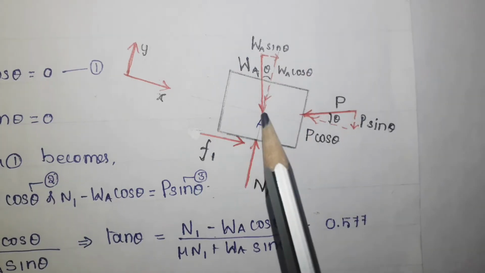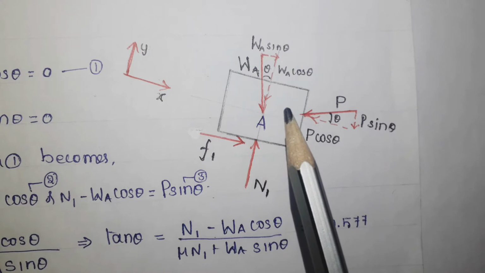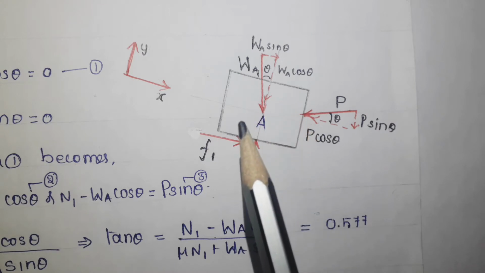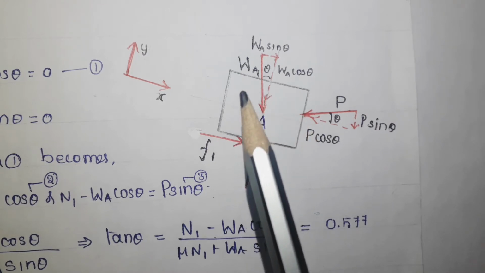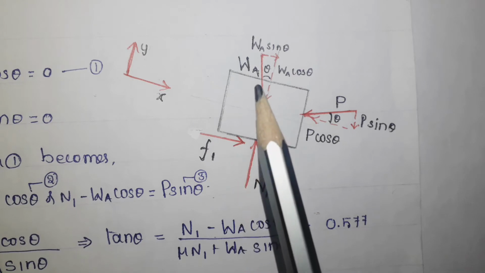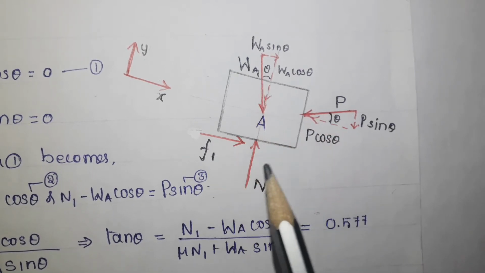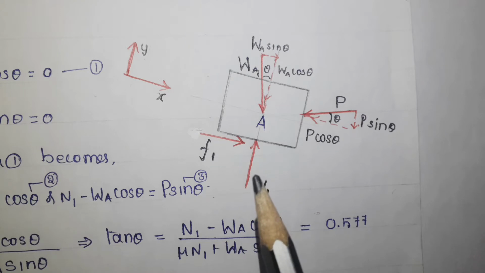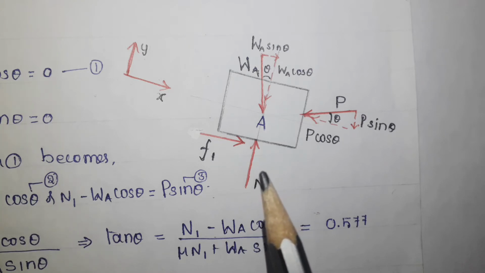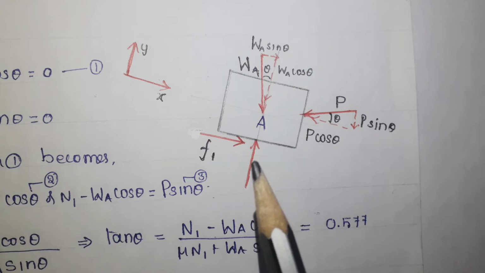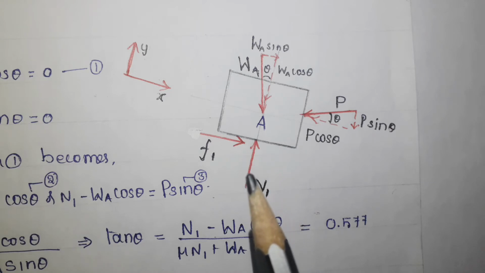Once you complete the free body diagram, the next work is to use the appropriate equations. Now check that among these four forces, this is the only known force. So these three are the unknown forces. So minimum you need to have three equations to solve this problem. I am going to use the equilibrium equations, equilibrium of particles, which gives two equations.